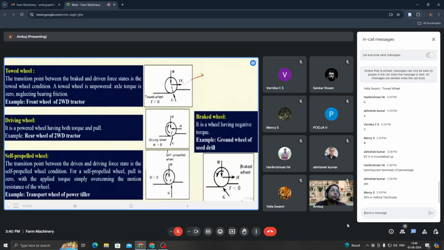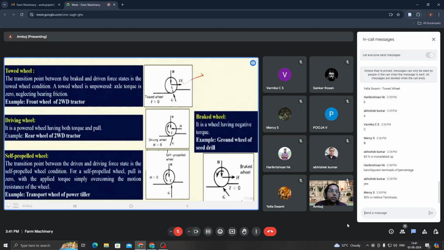So a towing force acts on that particular type of wheel. In case of a towed wheel, the traction, or the torque, would be equal to zero. Example is the front wheel of a tractor. Just try to visualize in this figure a side view of a towed wheel. Forget about the ground reaction, I'll tell you about that in the next few slides, just bear with me.